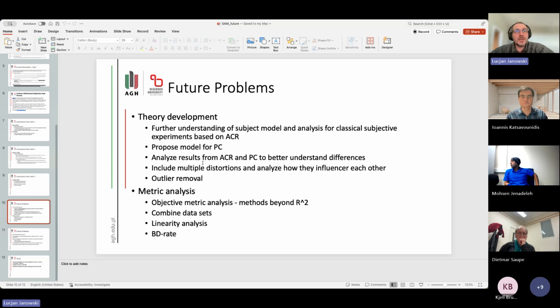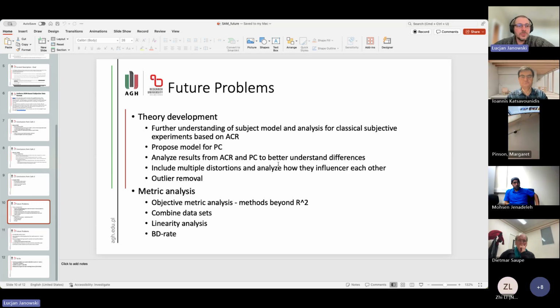For me, comparing ACR to pair comparison, still between content, I know this data. I have data from subjective experiments where we show that actually they can reverse. So ACR shows that A is better than B, but if you do pair comparison, you will get the opposite result. And this is especially so if there is a color distortion or some things like that. So this would be an interesting analysis.